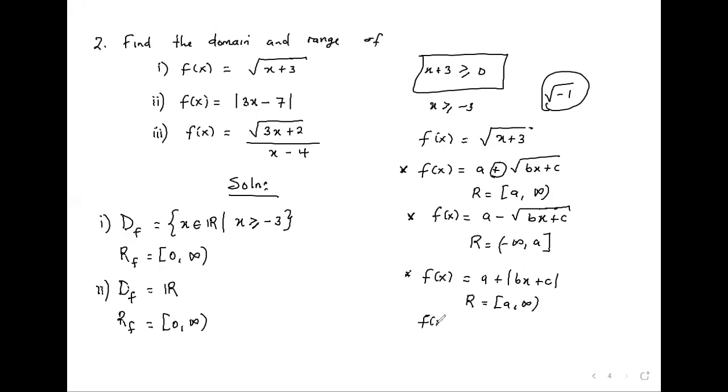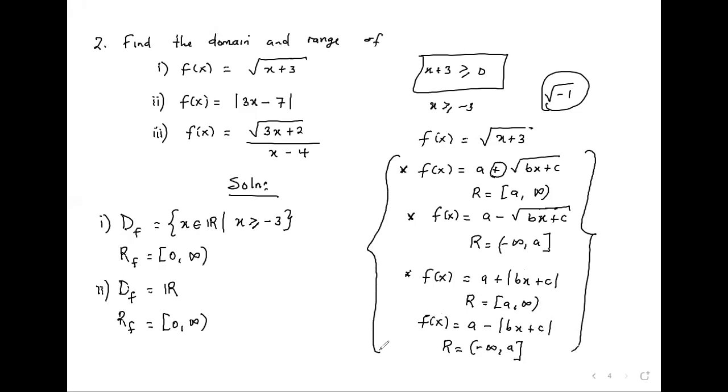If you have f of x is equal to a minus the absolute value of bx plus c, then the range is equal to negative infinity to a. These are the general cases for these two types of functions. And it's easy to keep. Nothing hard there.